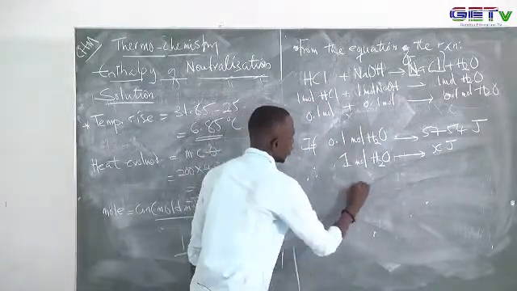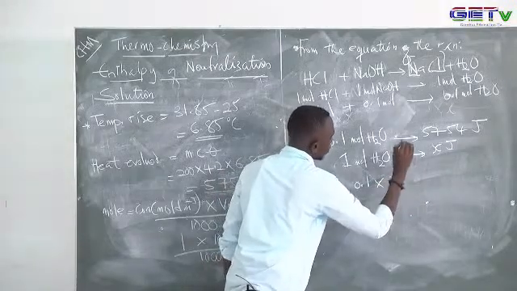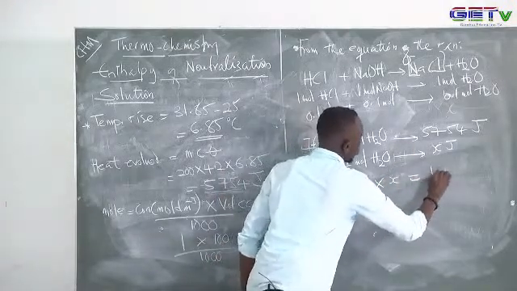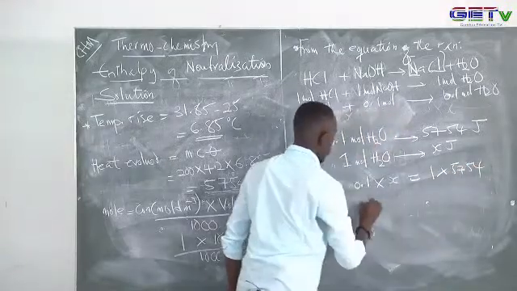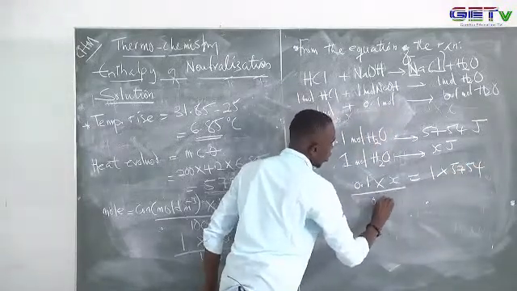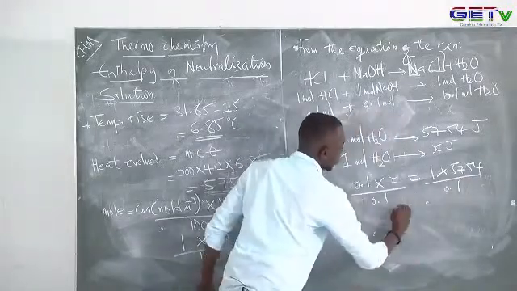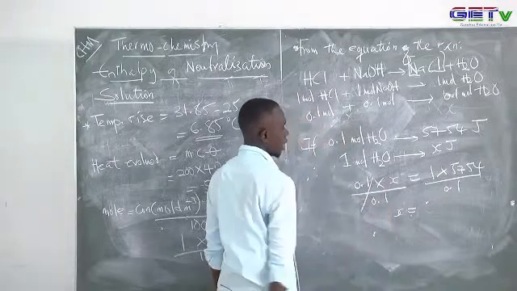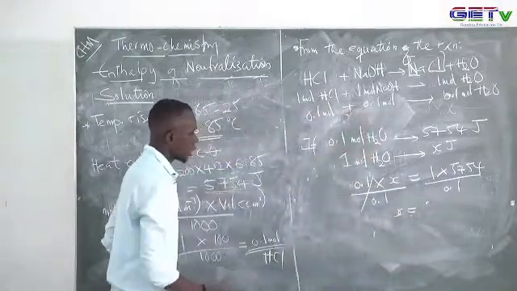Here we can have 0.1 times X equals 1 times 5754. We divide both sides by 0.1 to make X the subject of the formula. And here we have X as, we use the calculator to confirm that answer.